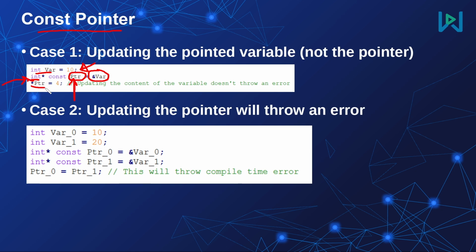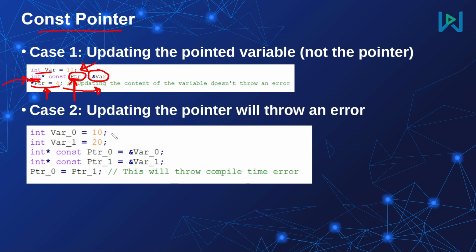And here I am trying to update the variable that is pointed by our pointer. Here we can actually update this variable because the type of the variable that our pointer is pointing to is not a const. Hence, it is updatable. So this line will not throw an error.